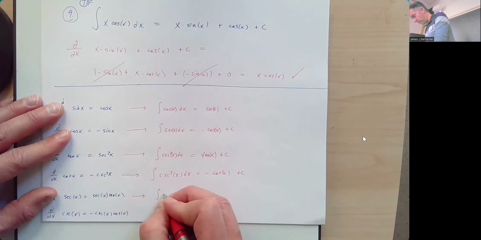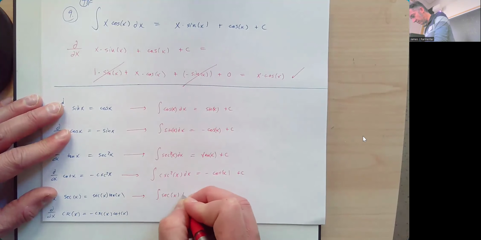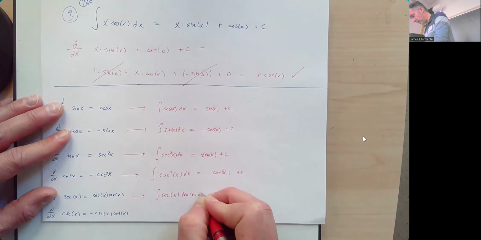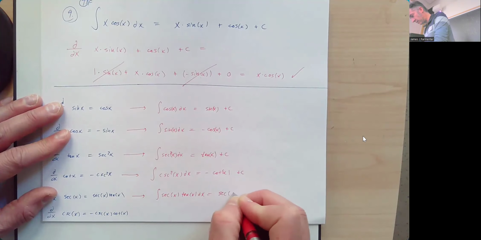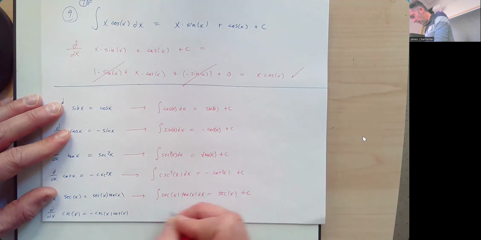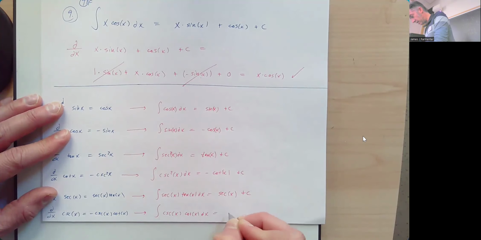The antiderivative of secant of x times tangent of x dx is equal to secant of x plus c. And the antiderivative of positive cosecant of x times cotangent of x dx is negative cosecant of x.